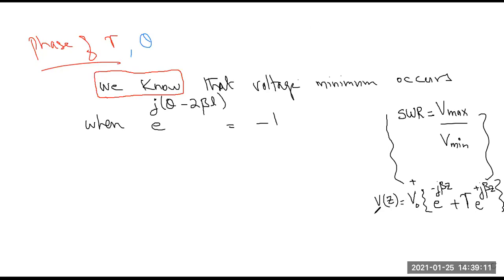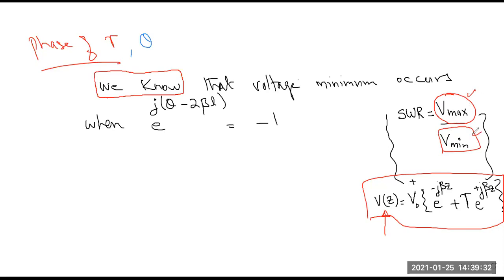Using this general form of voltage, we found the maximum value of V of Z, which is represented by this symbol, and then we found the minimum value of this voltage, which we call V minimum. During derivation of V maximum and V minimum, we made use of the idea that this voltage will attain its minimum value whenever e raised to power j theta minus 2 beta L is equal to minus 1.